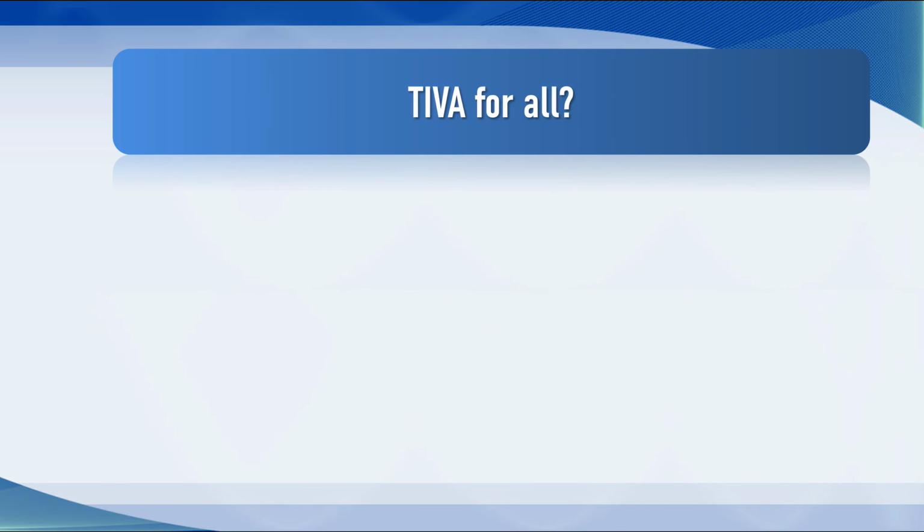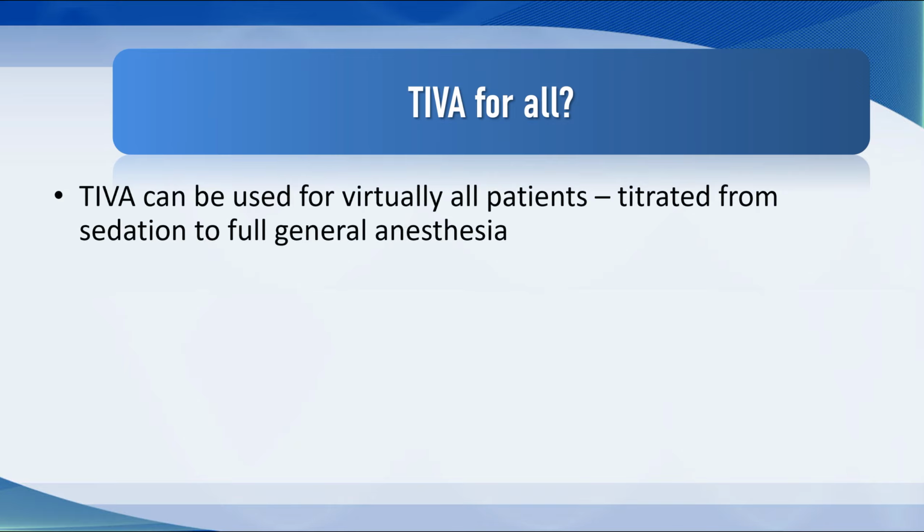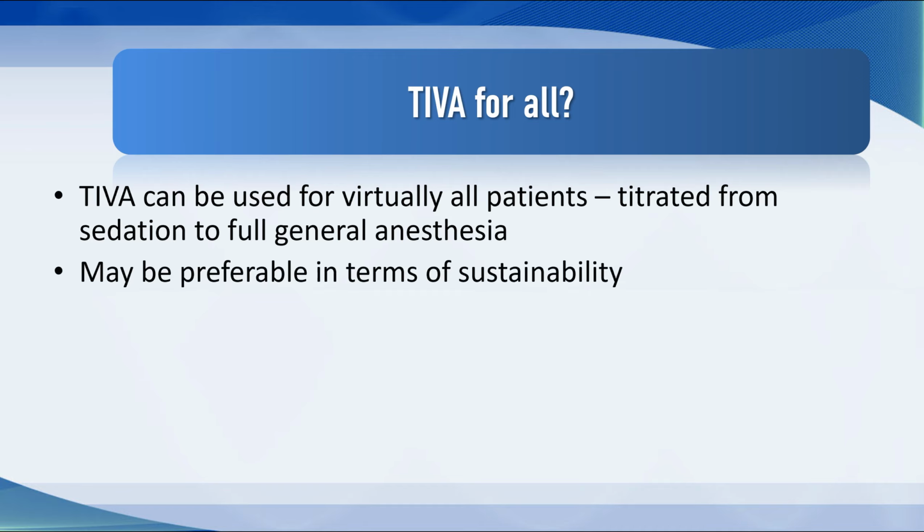One last thought. Regardless of where you work or who is training you, you must understand the physical and pharmacological properties of volatile anesthetic agents. Even though total IV anesthesia can be used for virtually all patients, titrated from sedation to full general anesthesia, and it may be preferable in terms of sustainability, it is more difficult to monitor.